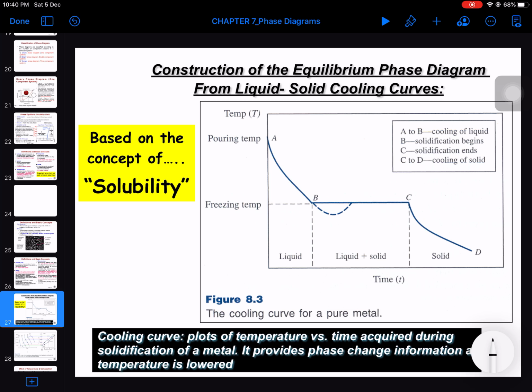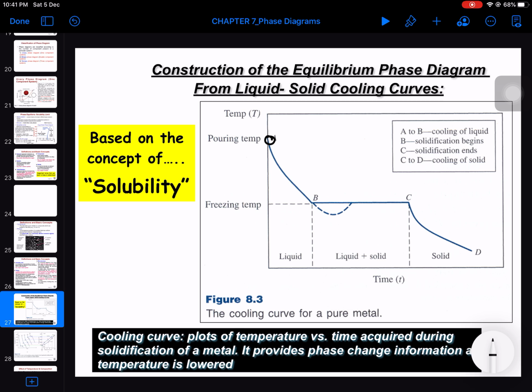All right, this is how the construction of the equilibrium phase diagram from liquid-solid cooling curves takes place. Figure 8.3 here shows a typical cooling curve for a pure metal. At this point is the pouring temperature, where the metal is in the liquid state, and it will solidify over time.